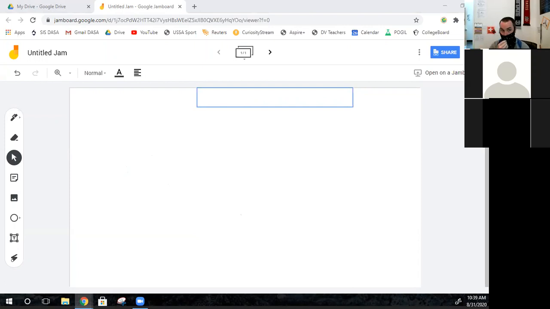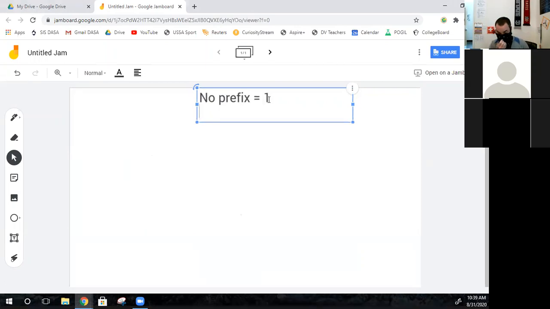So without a prefix, it is simply equal to 1. So a gram is a gram. I know that seems supremely obvious, but we got to start somewhere. A gram is a gram.